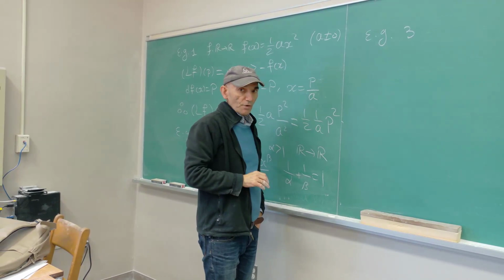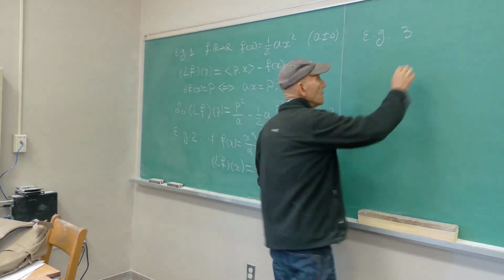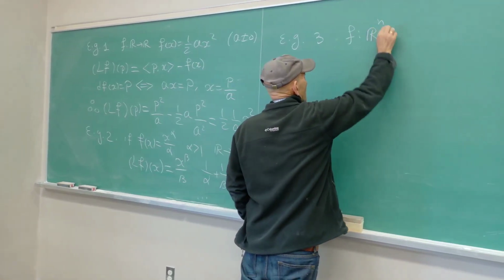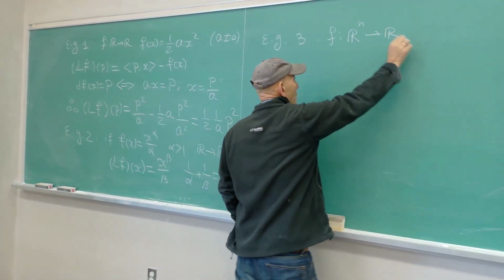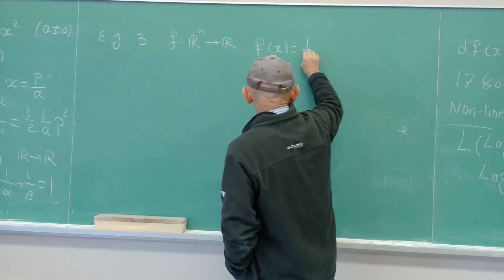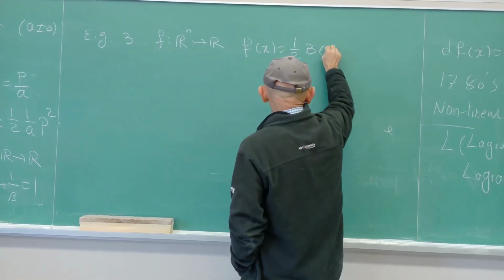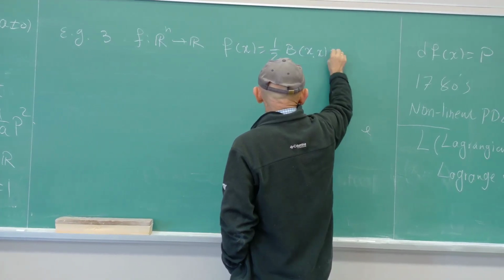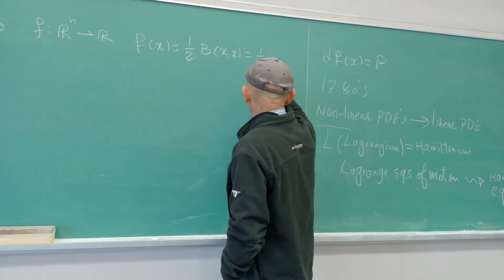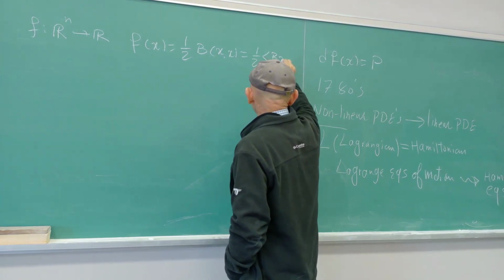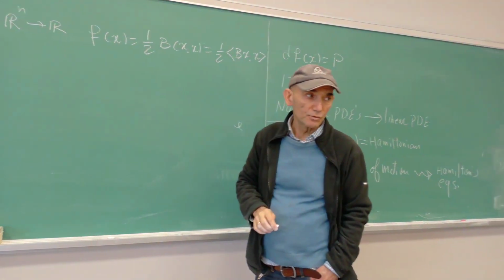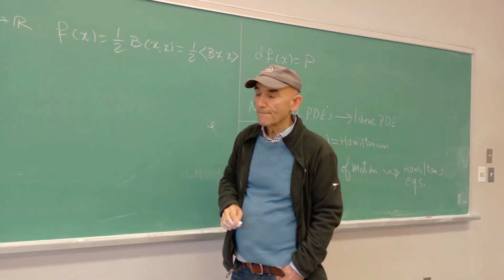Let's assume you have a quadratic function f from R^n to R, f of x equal to 1/2 B x x, equal to 1/2 in matrix form B x x, as we always wrote them in two forms.